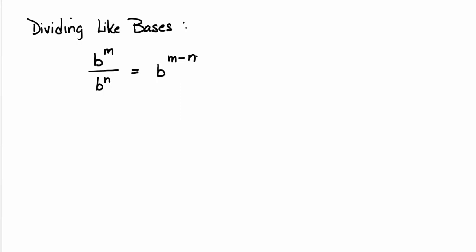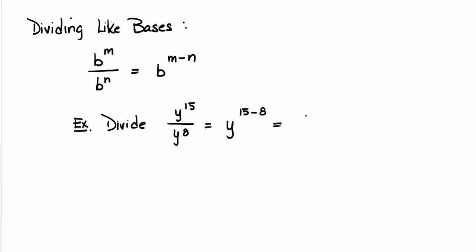That's all we have to do, as long as our bases are the same. So let's do a couple of examples. If I divide y to the 15th by y to the 8th, I take the exponent in the numerator and subtract the exponent in the denominator. 15 minus 8 is 7, so I get y to the 7th.